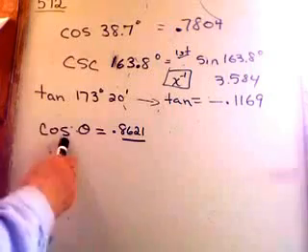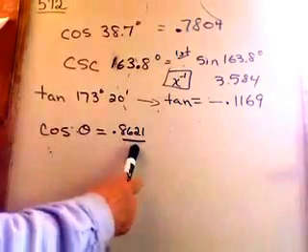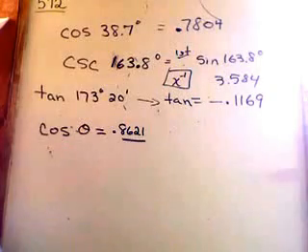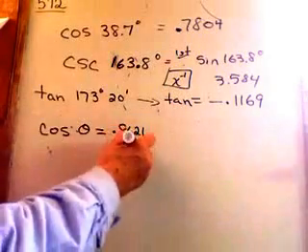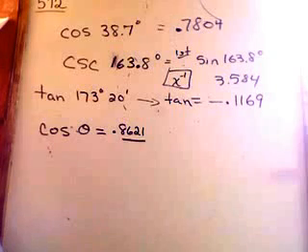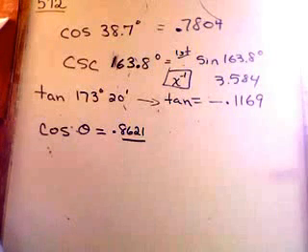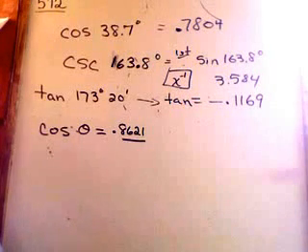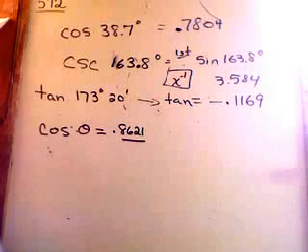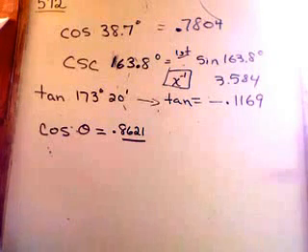Okay, this next one's a little bit tricky because they're giving me what the cosine of some theta is and they want me to find the angle. So I'm sort of going backwards from the answer for cosine to find what angle it is. Again, make sure you're in degree mode. And then this one's pretty easy. Basically, you're going to use the cosine -1 button or second cosine.